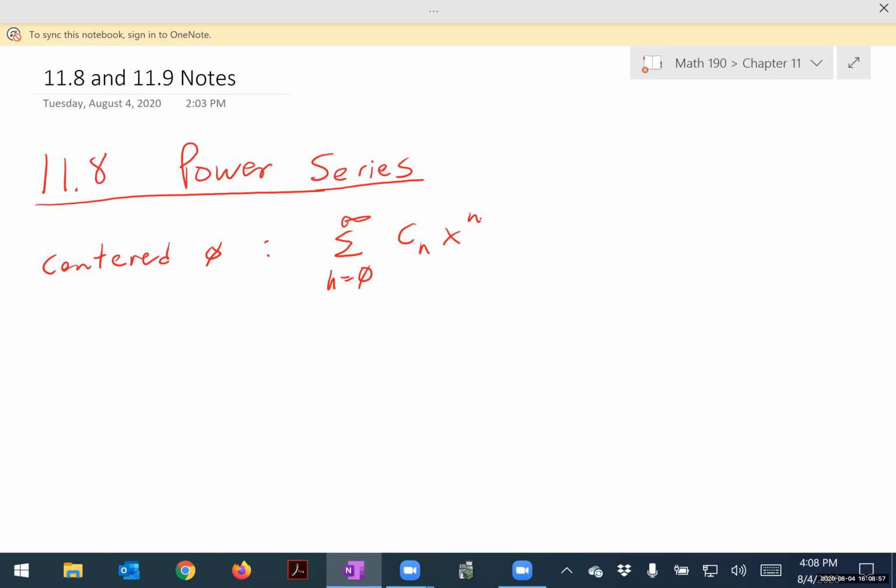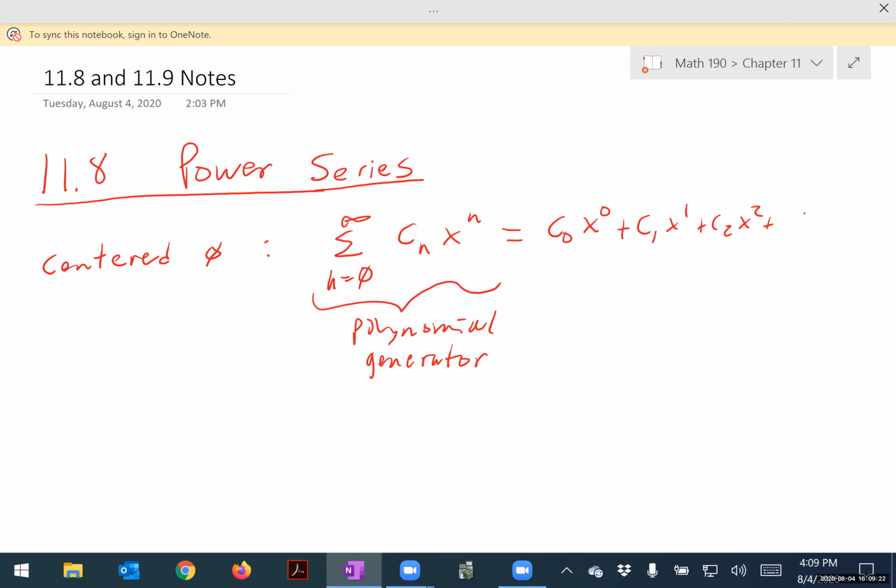So this is c sub 0 times x to the 0, c sub 1 x to the 1, c sub 2 x to the 2, c sub 3 x to the 3, plus forever.